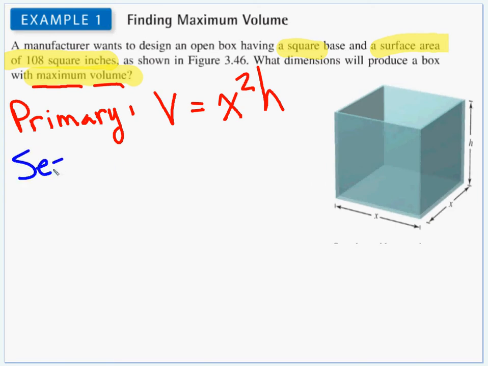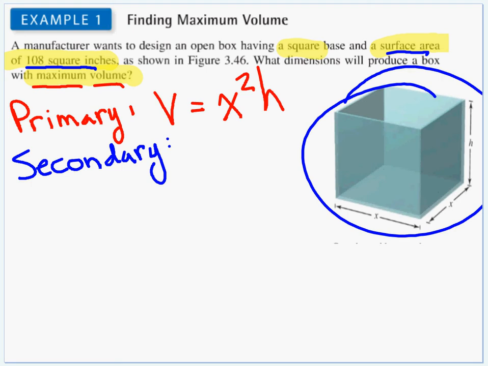Now the secondary equation is going to involve the same variables, and this will usually have the constraint of the problem if there is one. It says here our surface area is limited to 108 square inches. So what is the surface area of our box?